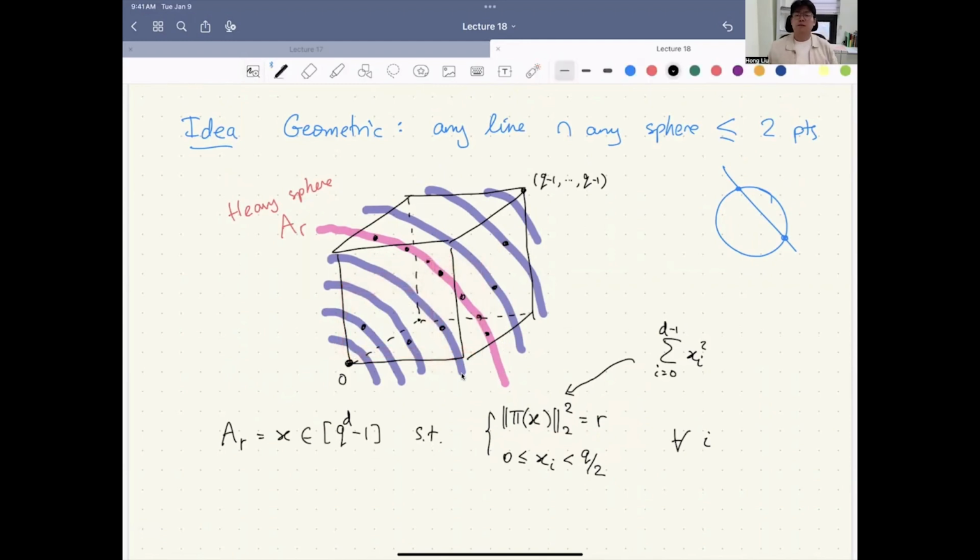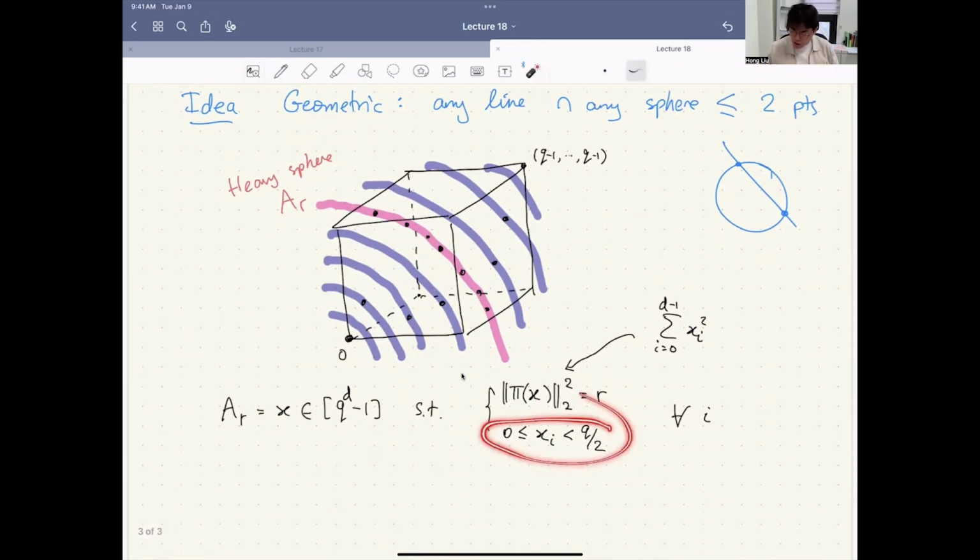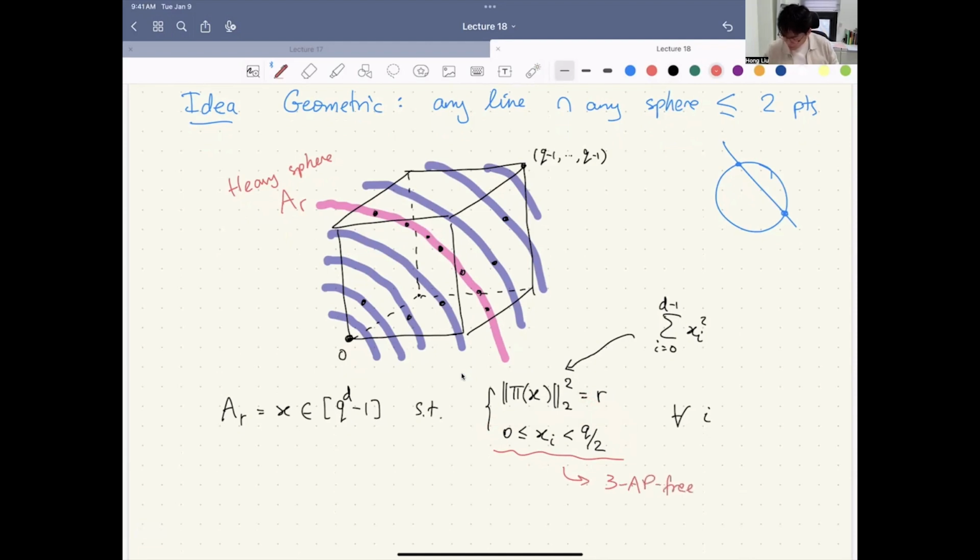Now I will leave it as an exercise for you to fill in the details to show that because of this, it guarantees 3 AP free. And then you can do the optimization. Wait a second. No, the first one guarantees 3 AP free.